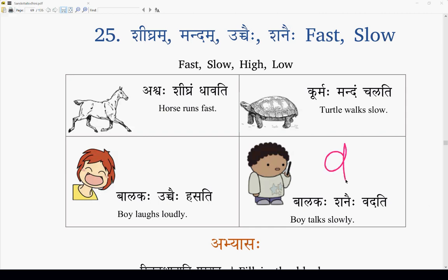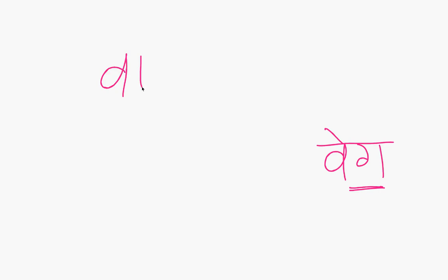For fast, we have the word vega. Vega, speed. So it is moving fast or speedily, something with speed. So we want to use this vega. Vega is not avyayam. So it is like sundara. Vega is speed. So now, vahanam vegam gacchati.